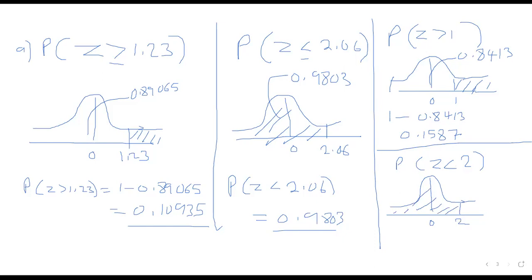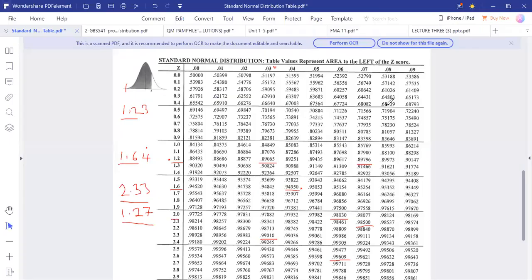What is the reading for 2? 2.0, what is the reading? 0.9772. Okay.